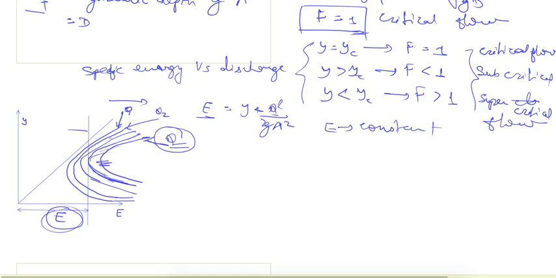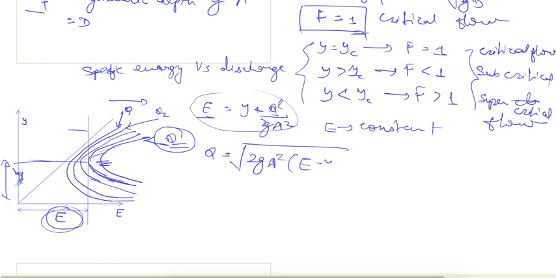So it will come at the critical depth. We can find this out using this equation also. From here I can say Q is equal to square root of 2g A square (E minus y). Here E is constant, so the variables are A and y.